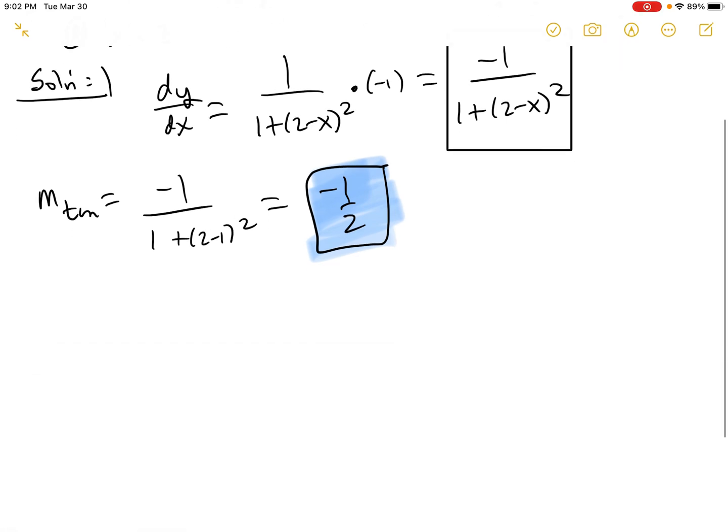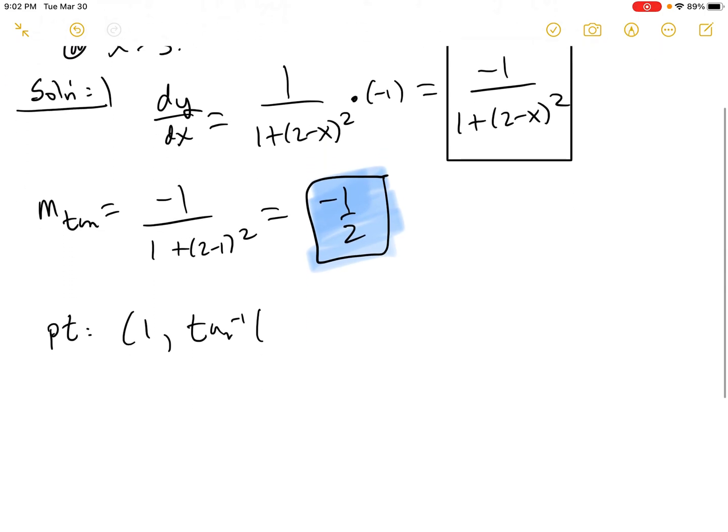All right, so the point of tangency is 1 comma tan inverse of 2 minus 3, which is 1 comma tan inverse of minus 1.